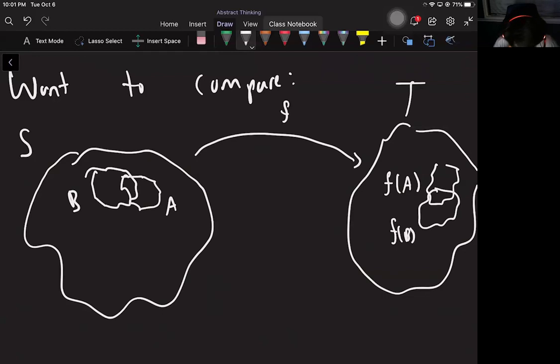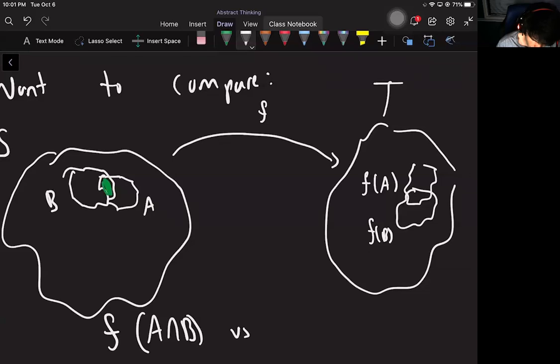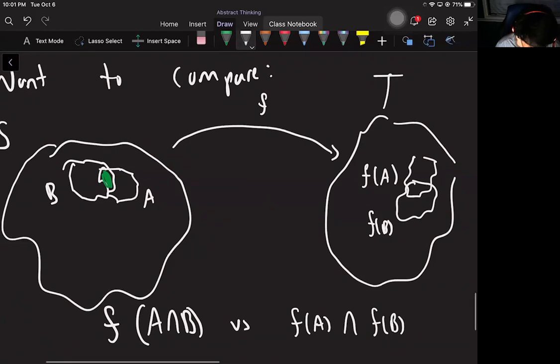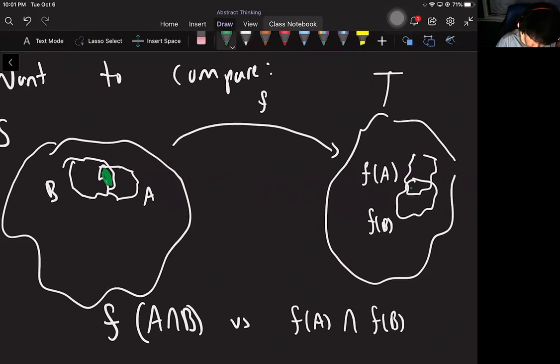So then it really forces you to think about stuff like, what happens if I look at their intersection? So that would be this little stuff right here. That is itself another subset. So if I send that over, how is it related to if I send them over independently? Meaning I do f of A, then I do f of B, then I intersect that. So that's this green stuff.